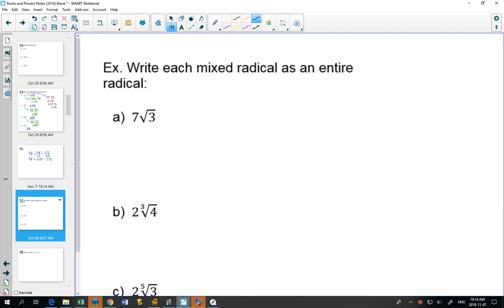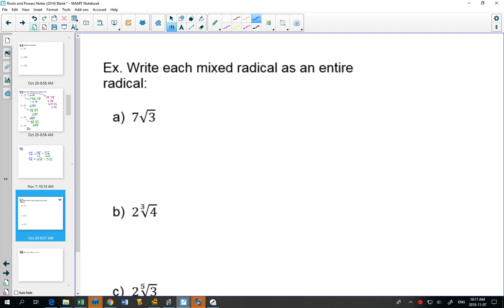Okay. So for that reason, we like to simplify. You're going to see later simplifying helps us with adding. But sometimes we like to write things from mixed radicals as entire radicals. Because if I ask you what's bigger, 7 root 3's or 6 root 4's, it might be hard to tell.